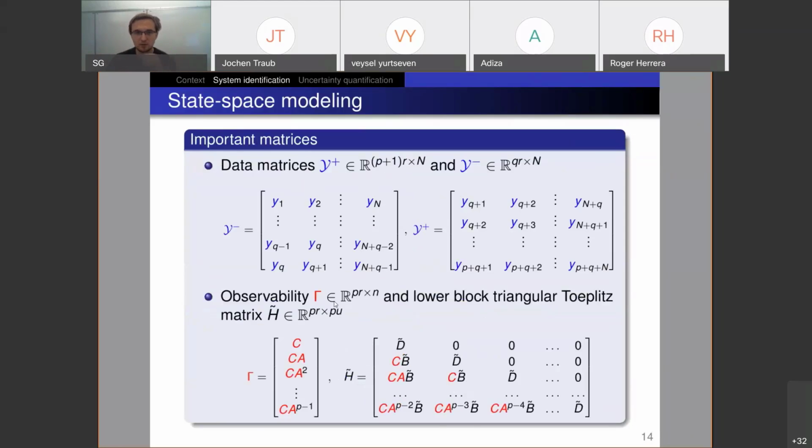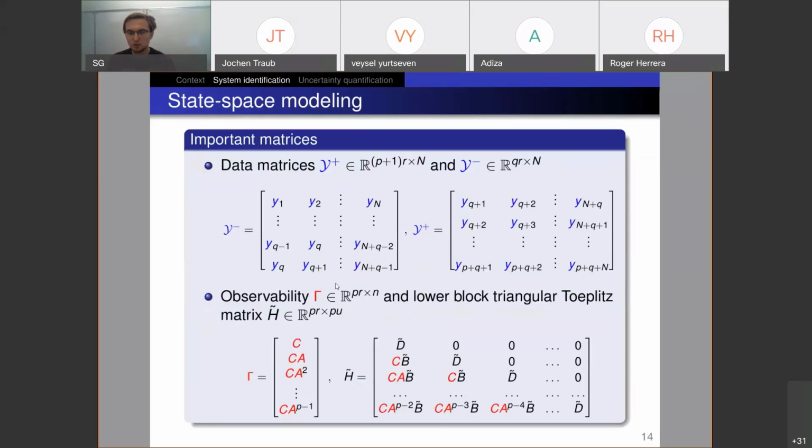But for that, we need to first define the data matrices. So let's define y plus and y minus, which are data matrices that contain the sequences of our output data, which are shown here.